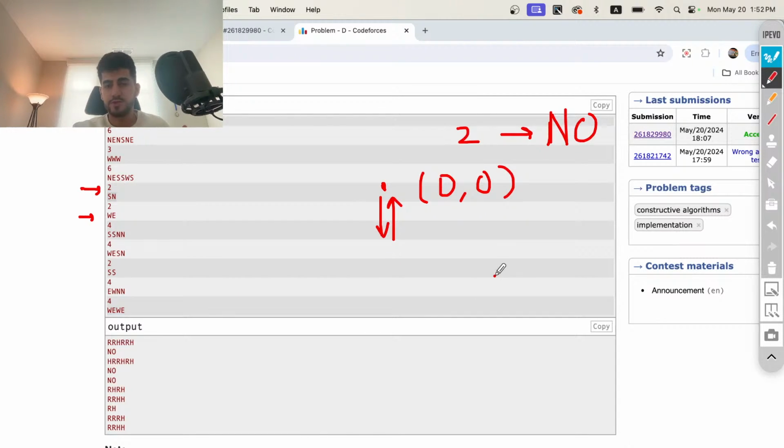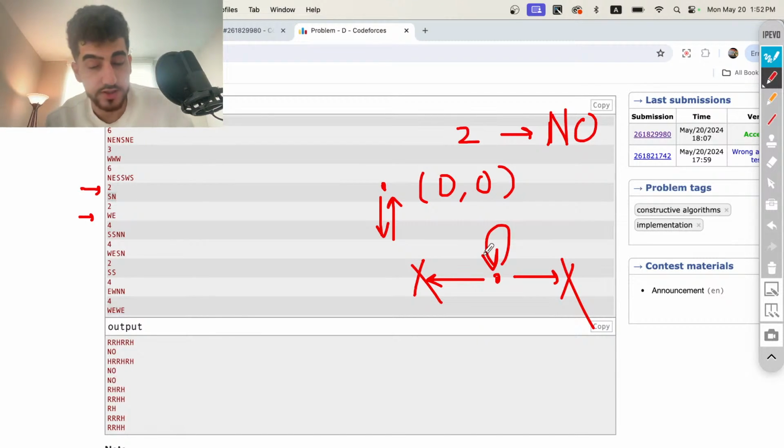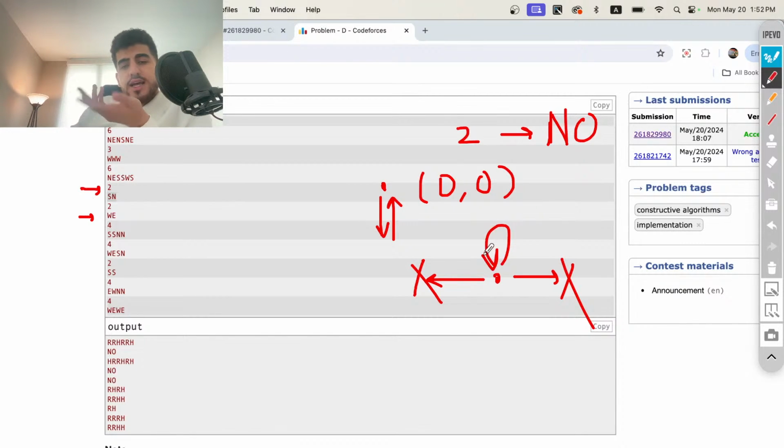So we have two moves in different directions, and each robot should take one. So one of them will end up here, one of them will end up here. It's not possible that both of them will end up at the same place. That is not possible. Therefore, we can be sure that in this case the answer is no. So first of all, we have to add this case, that for this case the answer is no, definitely.